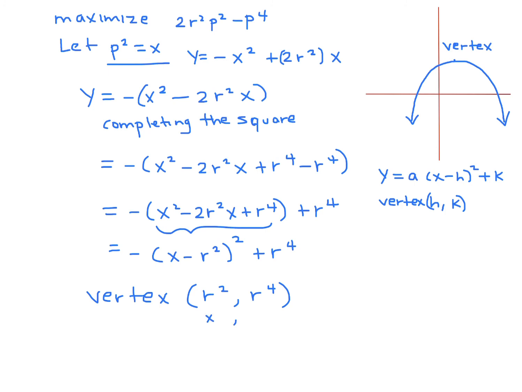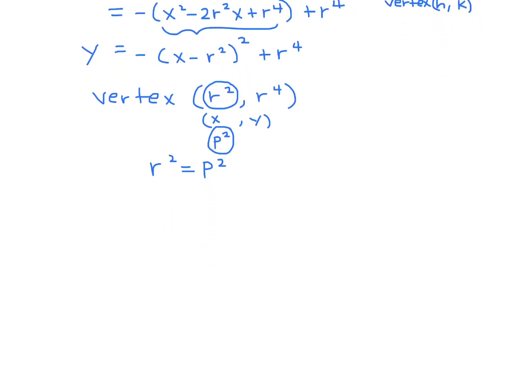So this vertex is basically the coordinates (x, y) of this parabola. But we let p squared equal x, so what it really means is that this is p squared. So that means that r squared is equal to p squared. That is essentially what we boiled this down to. So this is a very important finding that's going to help us.